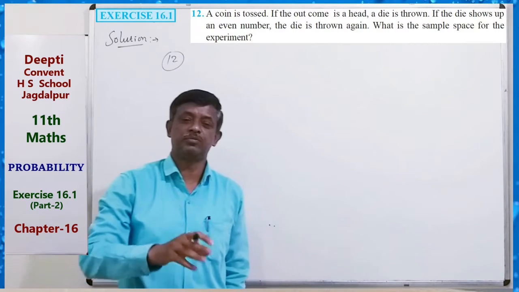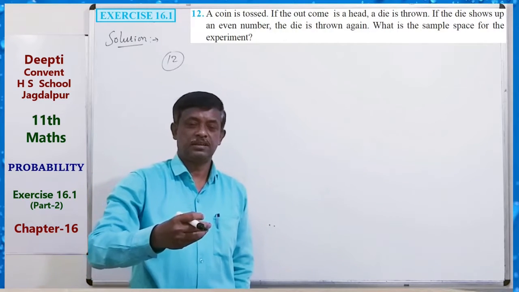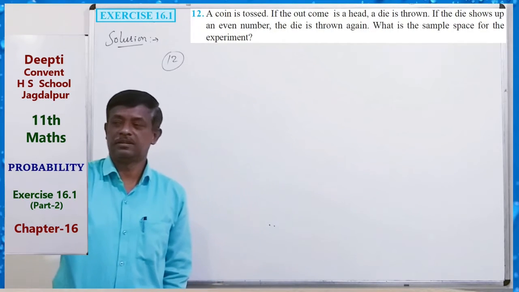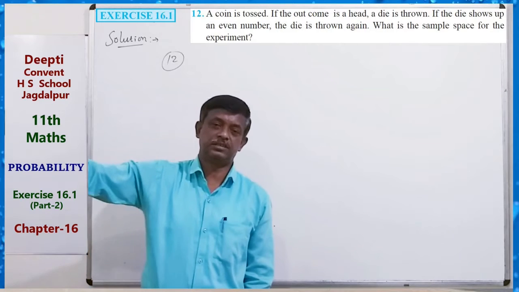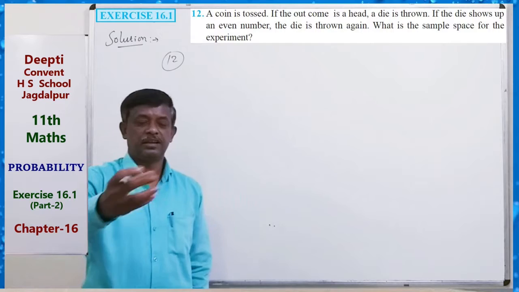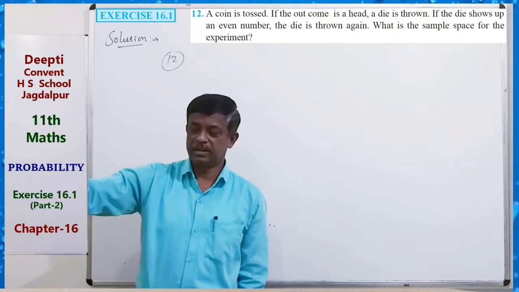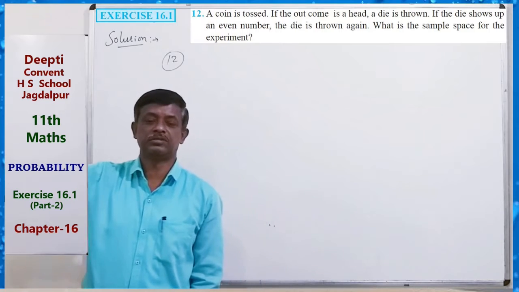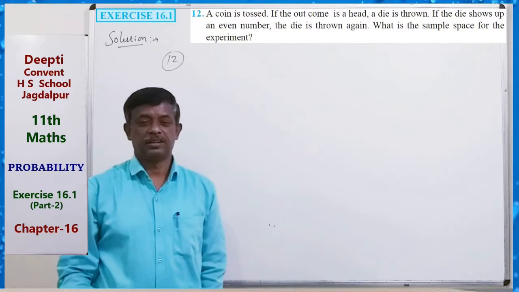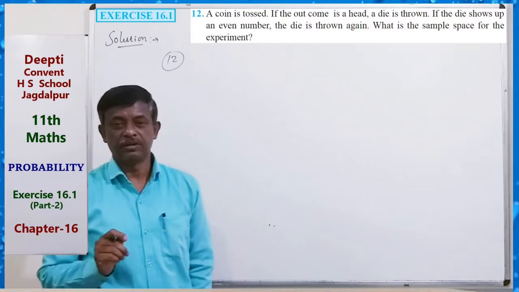First of all you have to explain. Tossing a coin has the possibility of getting head, H, or tail, T, and throwing a die has the possibility of getting 1, 2, 3, 4, 5 or 6. That is, even numbers 2, 4, 6. Odd numbers 1, 3, 5. Okay.